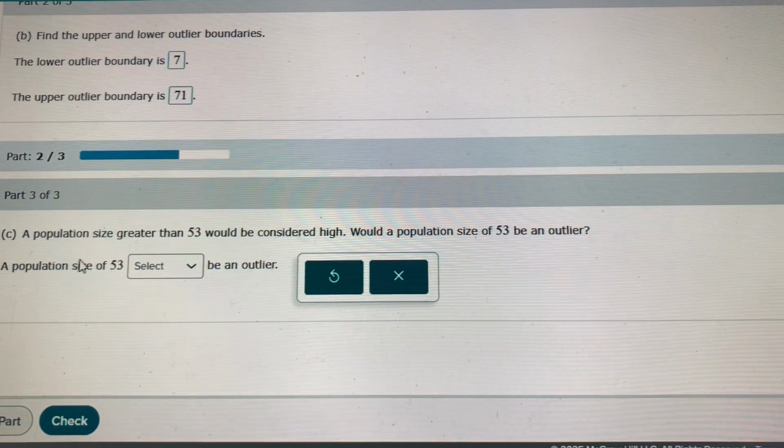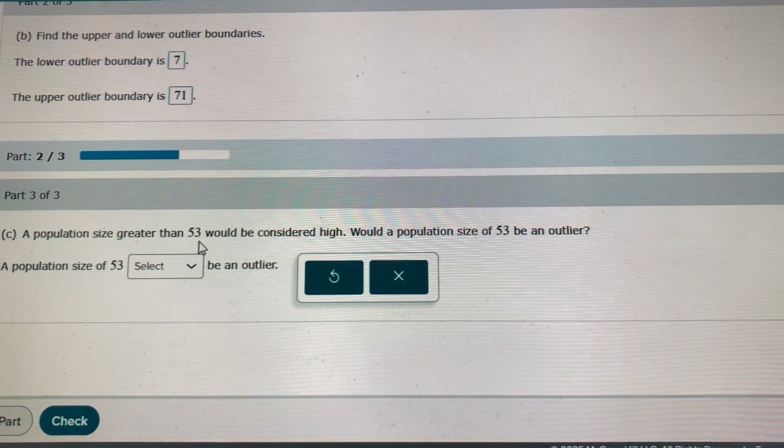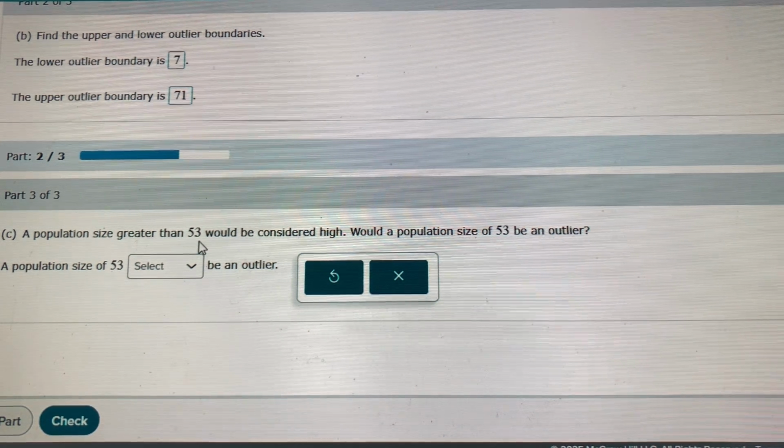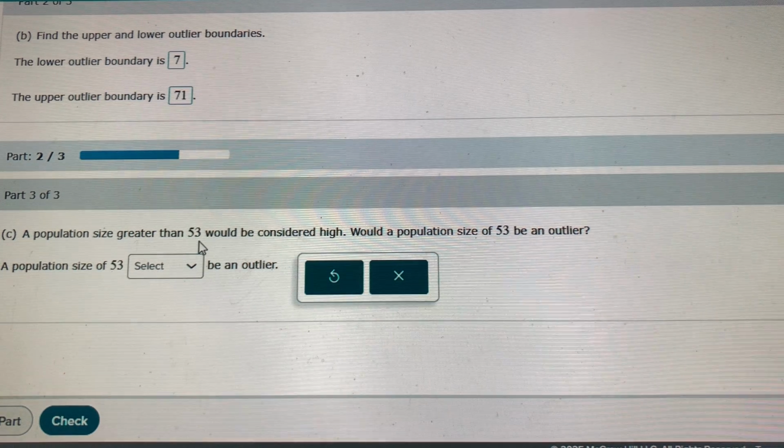Would a population size of 53 be considered high? Would it be an outlier? So apparently they're looking at the data and somebody thinks 53 seems kind of high compared to the other numbers. Is it really an outlier? Just because it seems high doesn't guarantee it's an outlier.